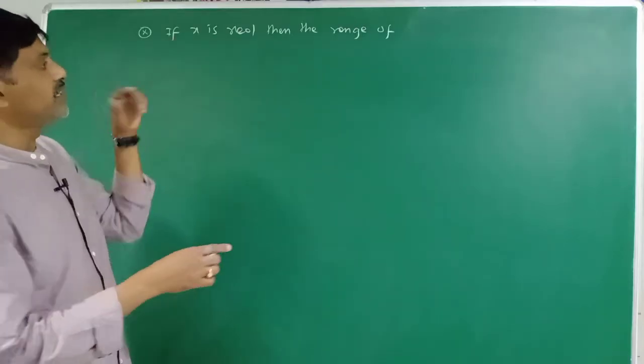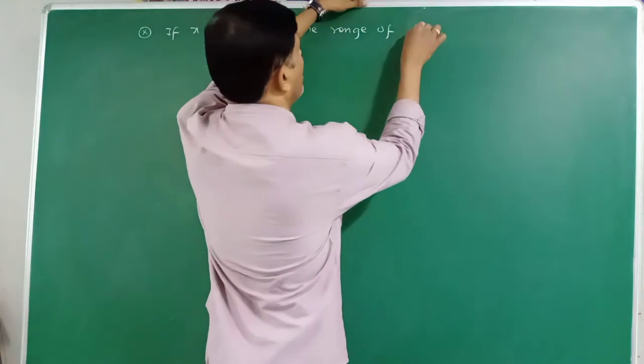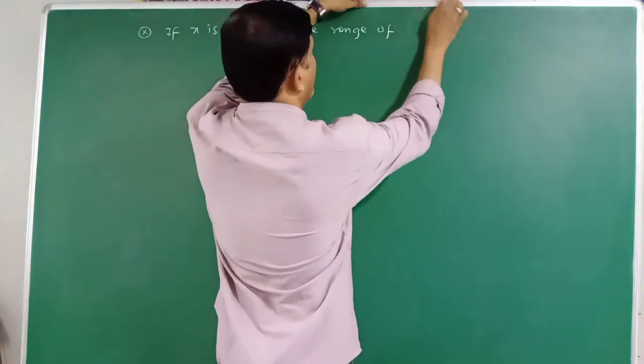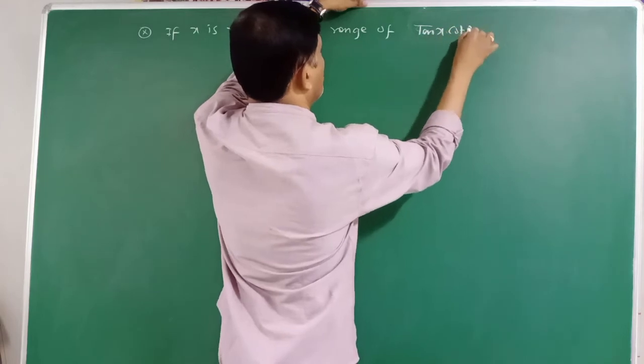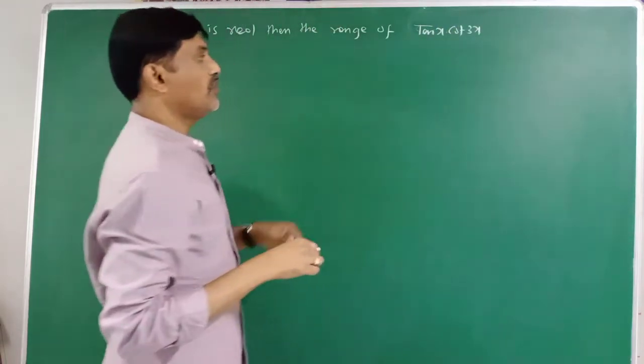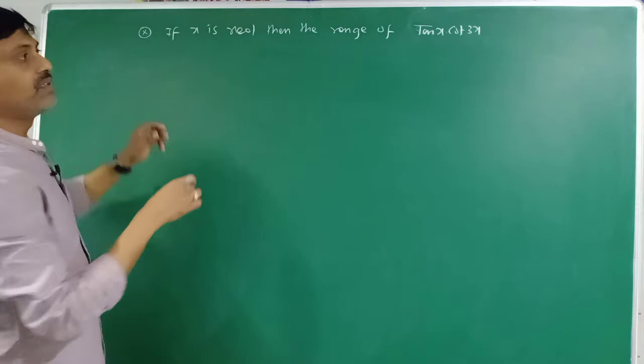If x is real, then the range of tan x into cot 3x. Range of tan x into cot 3x.